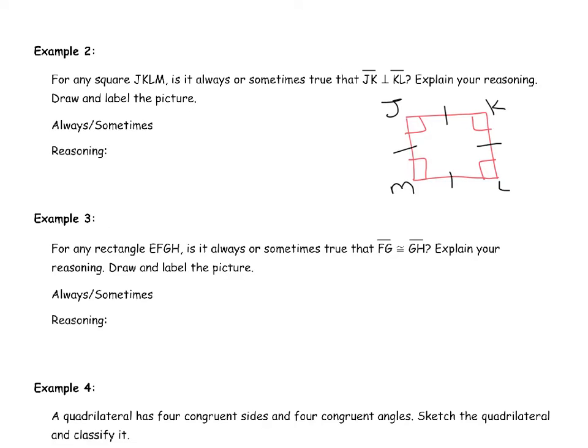Alright, so hopefully you have your picture drawn of the square JKLM. Now it says here, is it always or sometimes true that JK and KL are perpendicular? Perpendicular meaning that when those two lines intersect, they create a 90-degree angle. And in this case, that will forever and always be true because this is a square. When these two sides do meet, it will always create a 90-degree angle.